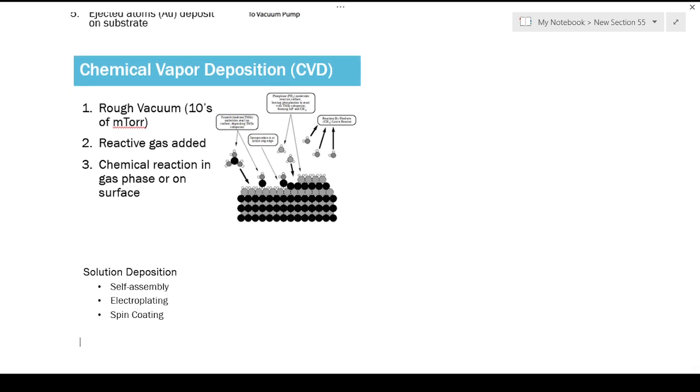Okay, and yeah, so that's all about the preparation of thin films. Thin film preparation has already been discussed. Its main important ones are sputtering, thermal evaporation, and chemical vaporization.